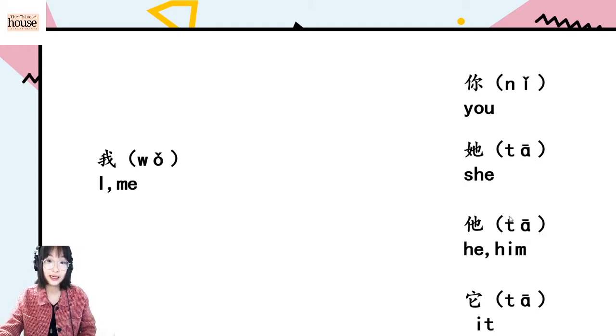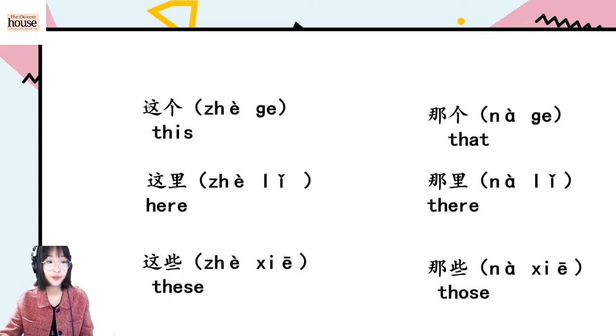So the three ta, and then this 这个, that 那个. 那 remember fourth tone, and then 这里 here, 那里 there, and this is 这些, 些 means some.